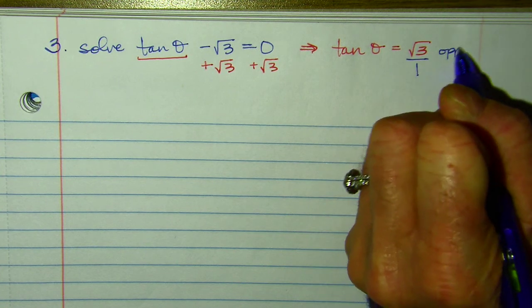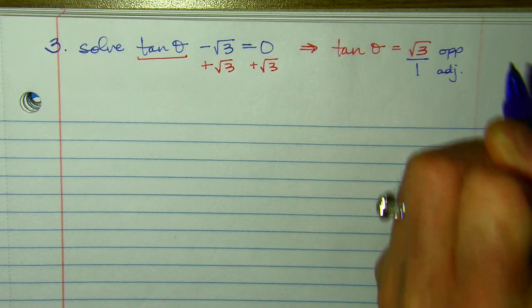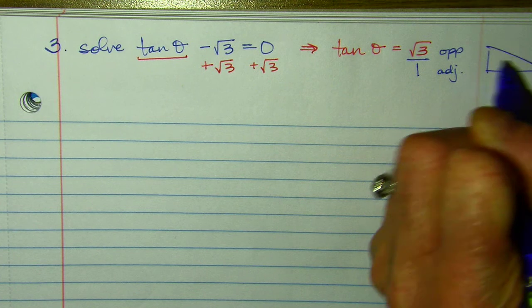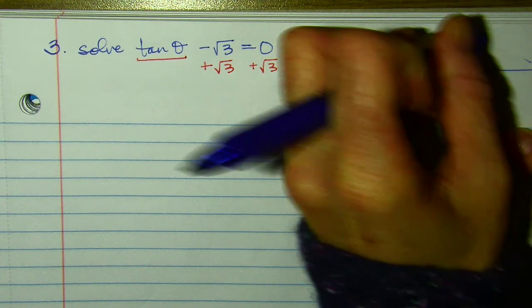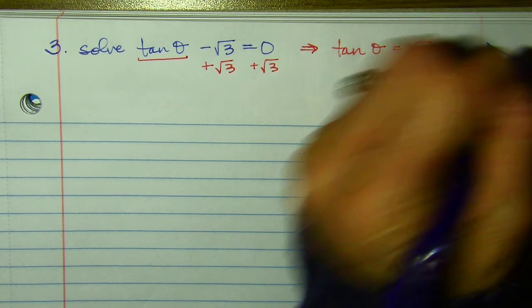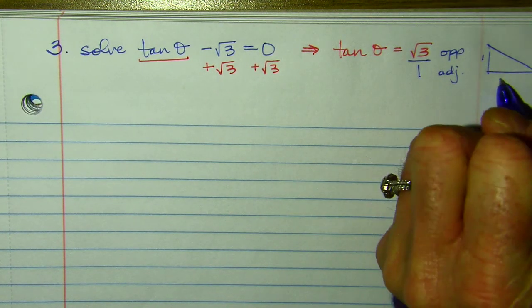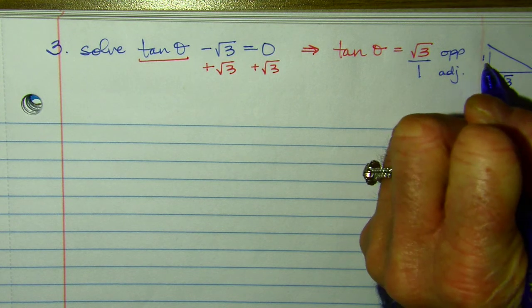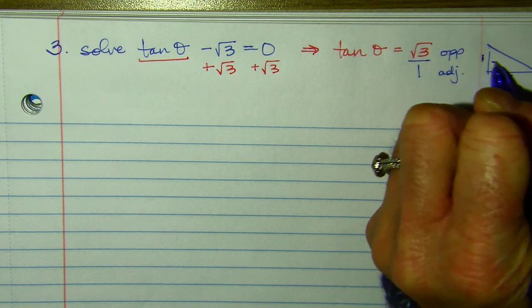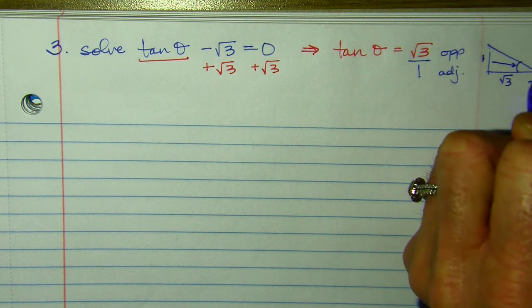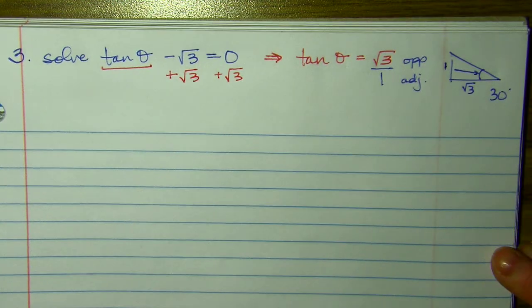And so this is opposite, this is adjacent. So here's, whoops, that's a terrible reference triangle. Here's 1, here's root 3. This has to be opposite though. So opposite means across from, so it's referencing the 30-degree angle.